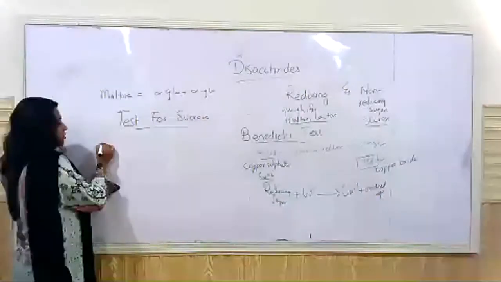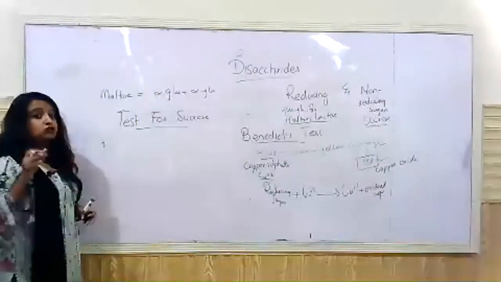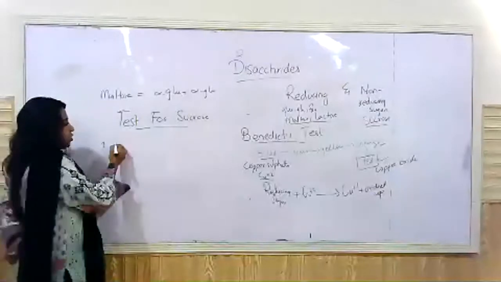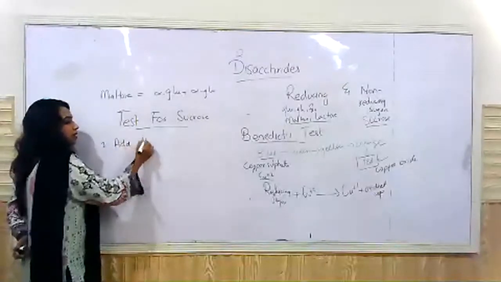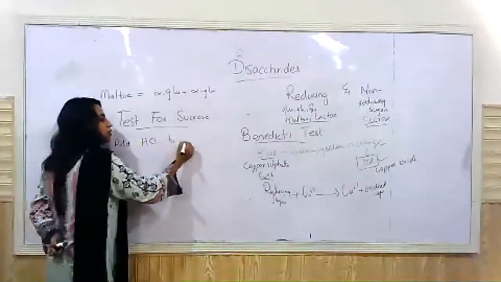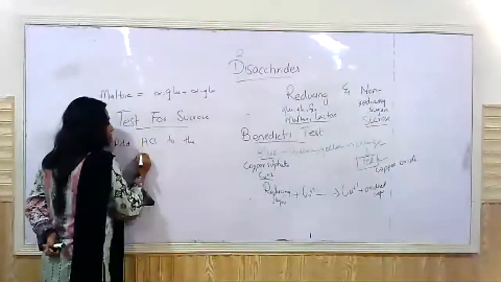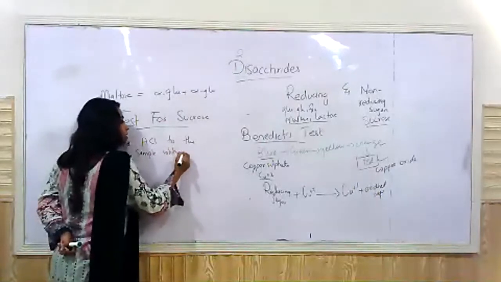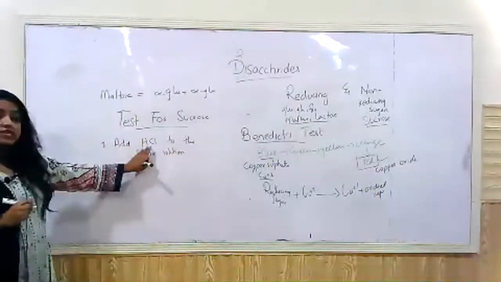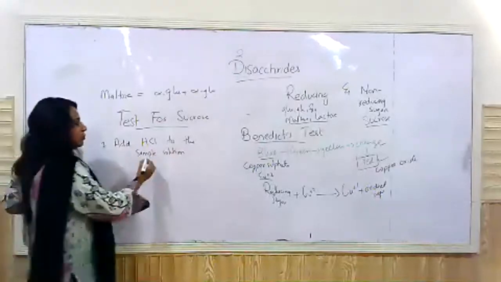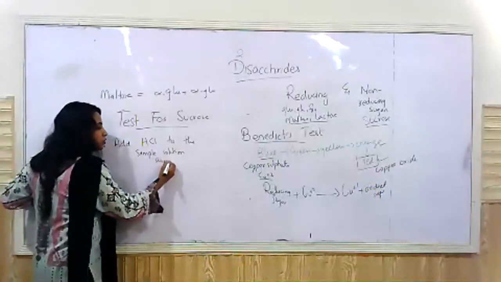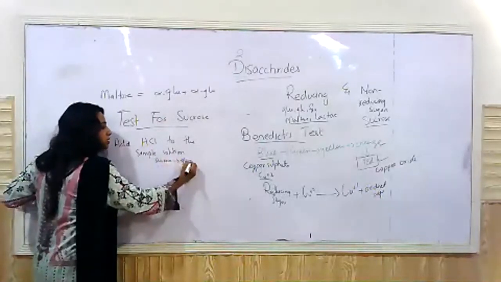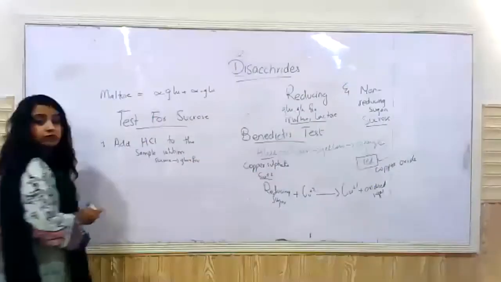To break it down, we'll do hydrolysis in the presence of acid. So we will add HCl to the sample solution, right? Basically what the HCl will do, it is going to break down sucrose to glucose and fructose, right?